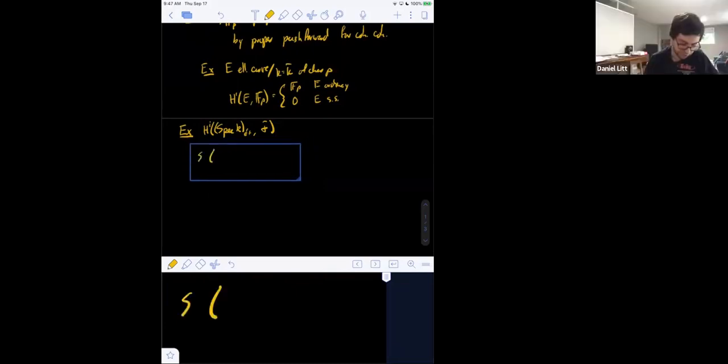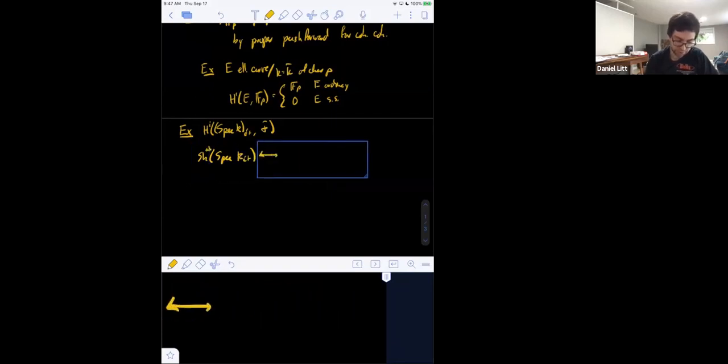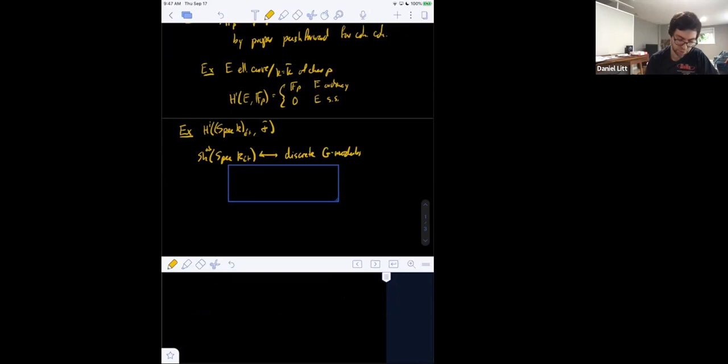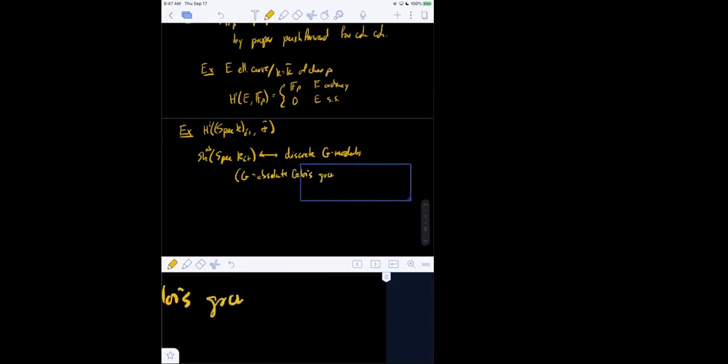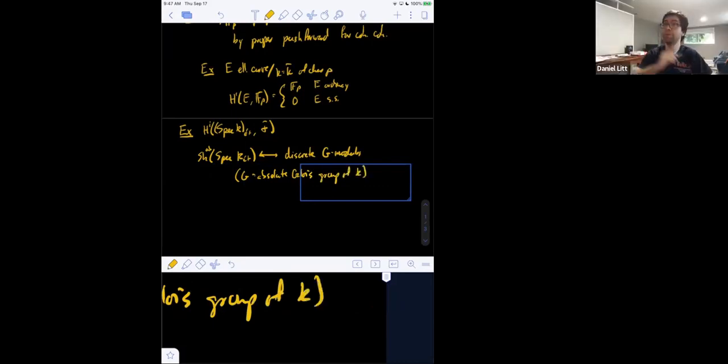So what we said is that sheaves on Spec K Etale, let's say abelian sheaves on Spec K Etale, were the same as discrete G-modules, where here G is the absolute Galois group.